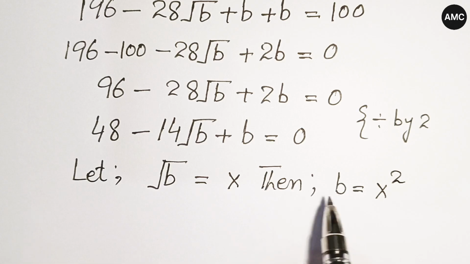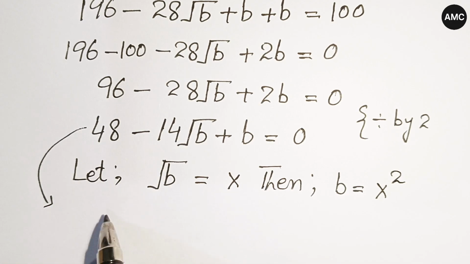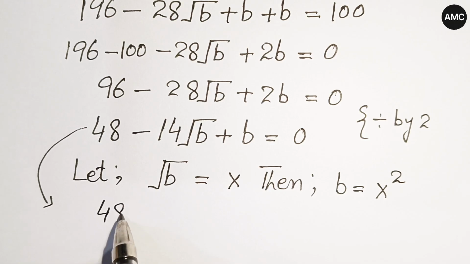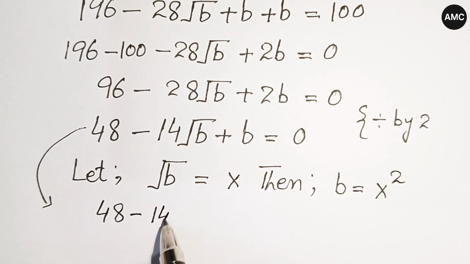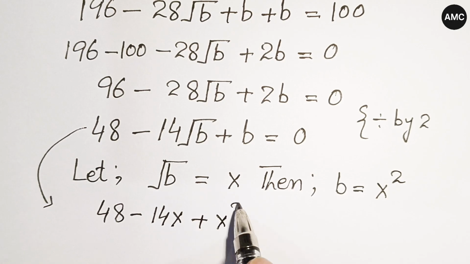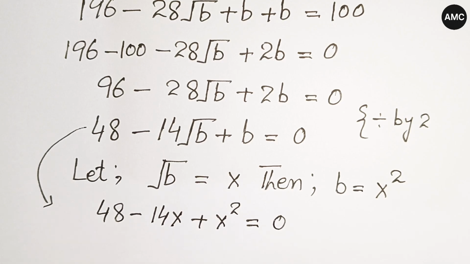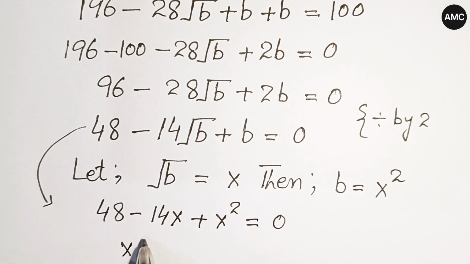Substituting these values in this equation, it will be 48 minus 14 times x, since square root of b is x, plus x squared, is equal to 0. By rearranging this equation, we get x squared minus 14x plus 48 is equal to 0.